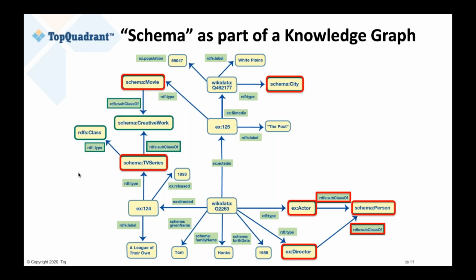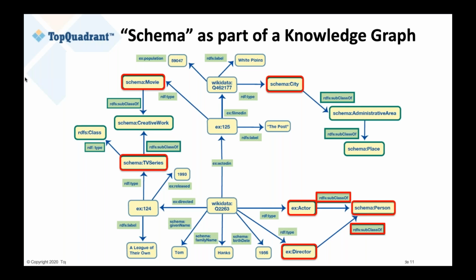I'm stopping highlighting now, but that's a similar kind of thing. We could say that movie and TV series are both subclasses of creative work. And by the way, we could explicitly say that these things like TV series, movie, person, actor, etc., are classes. So they themselves have a type.